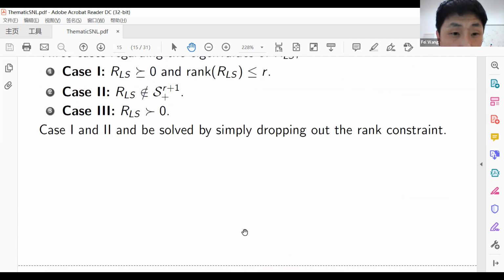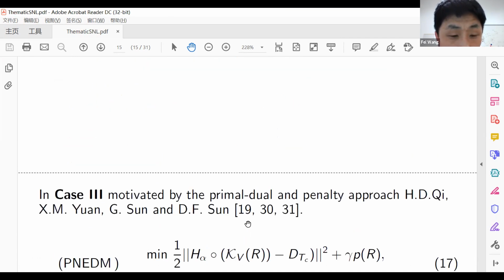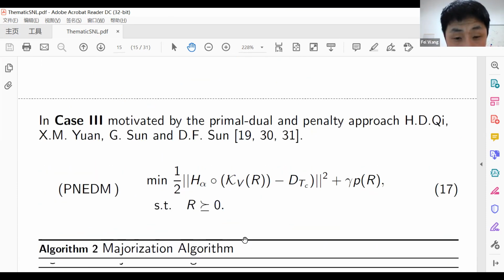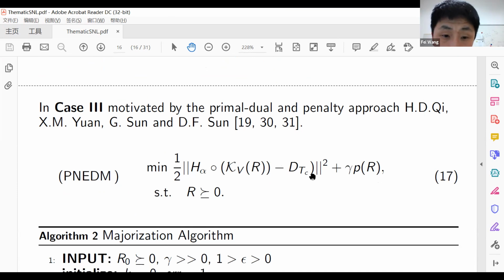To solve case 3, we are motivated by the primal dual and penalty approach by Qihou Duo, Yuan Xiaoming, Sun Defeng and these guys. The approach is called the rank majorization approach.